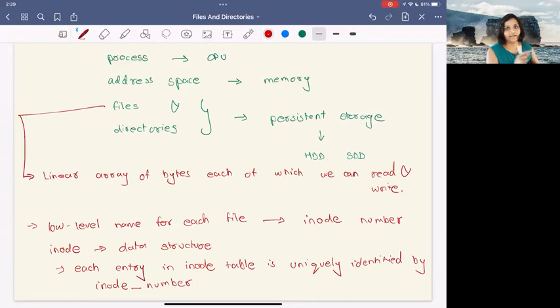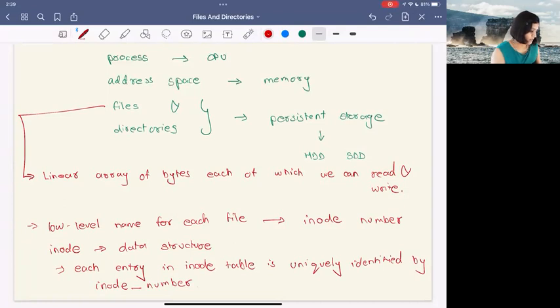So each file has its own inode structure, and each file thus has this unique inode number by which the operating system recognizes this file.